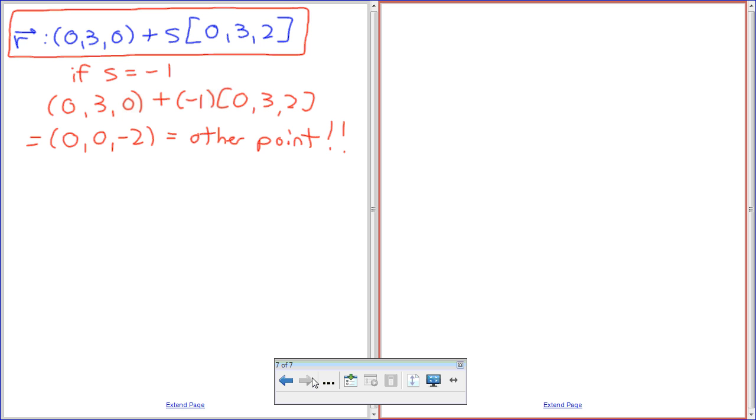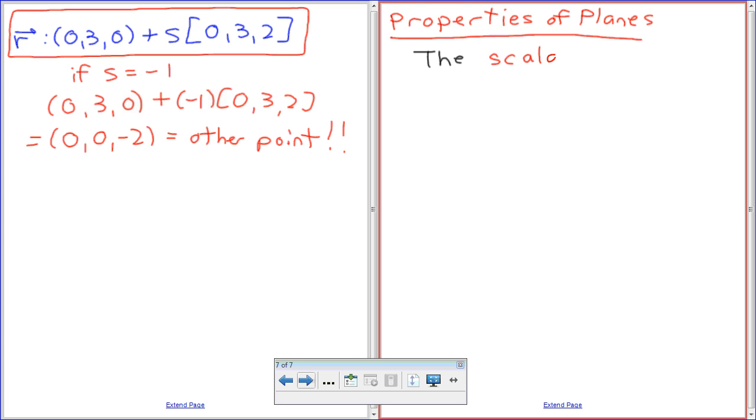Properties of planes. All right, here we go. The scalar equation of a plane. Okay, guys, can you go here, please?